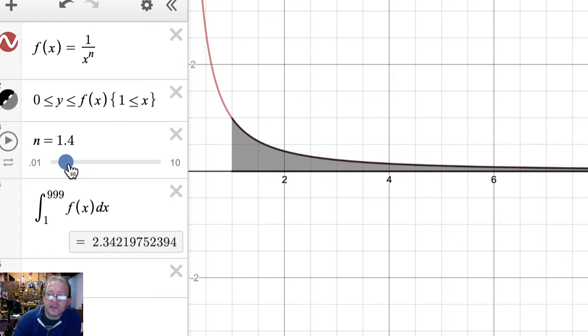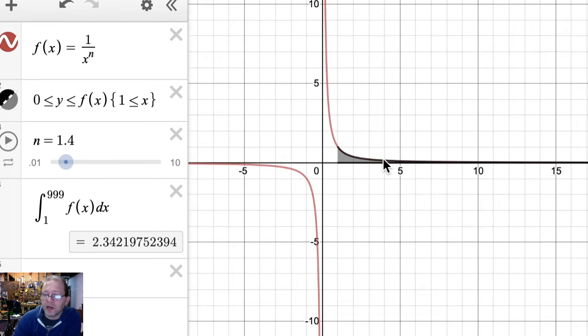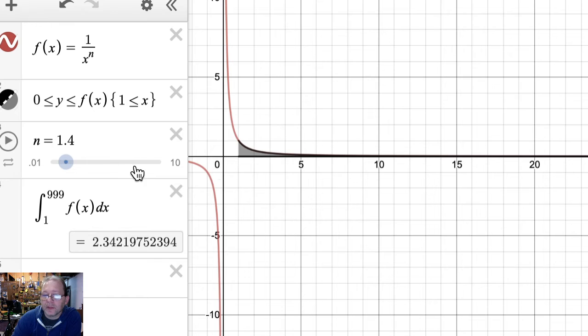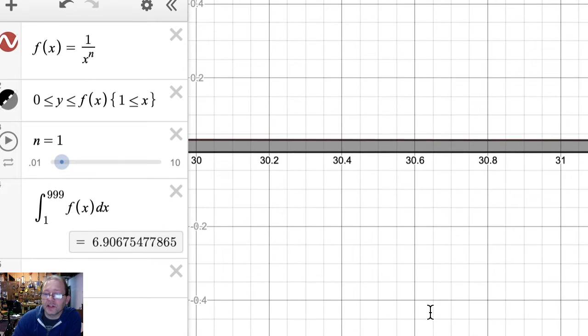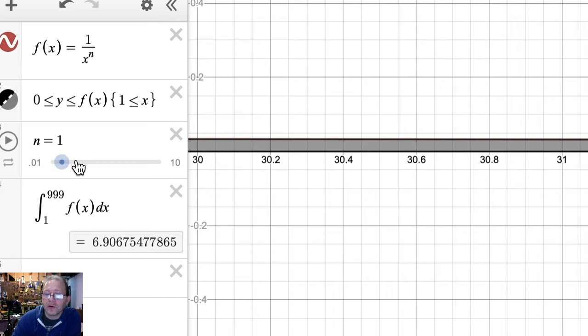Something is going to fundamentally change here. Let me zoom out a bit. When I get back to 1, the thickness of this area gets bigger.